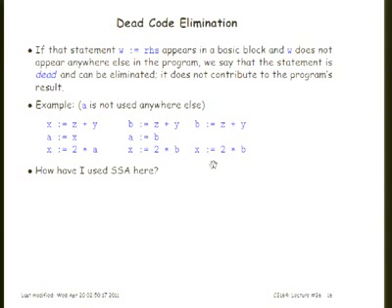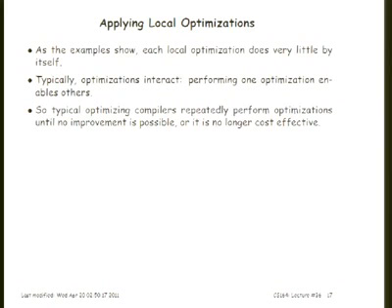But the idea is simply this: it may be that as a result of doing copy propagation in particular, or constant folding for that matter, you get rid of the need for a statement altogether, and then poof, at that point it disappears, and you have saved yourself some computation.